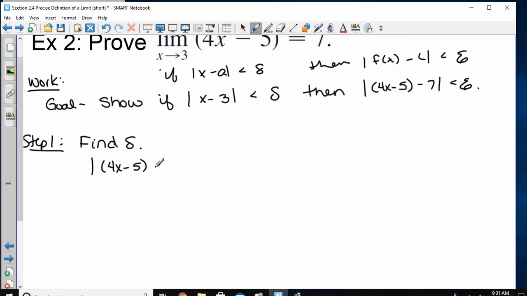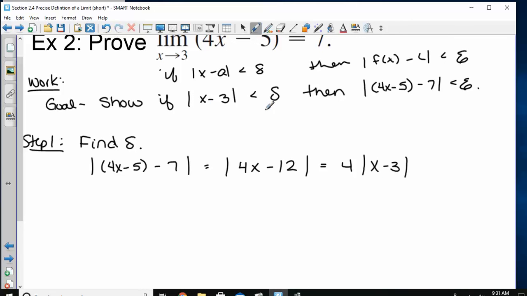So my f of x minus my L. Okay, if you start simplifying in there, what can you do? Negative 5 minus 7 is negative 12. Then what could you do? It's positive, so it just comes out. Okay, haven't we seen this absolute value of x minus 3 before?